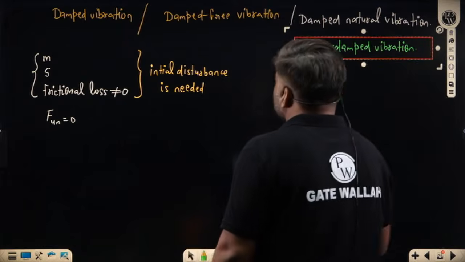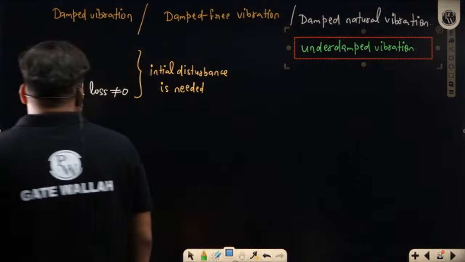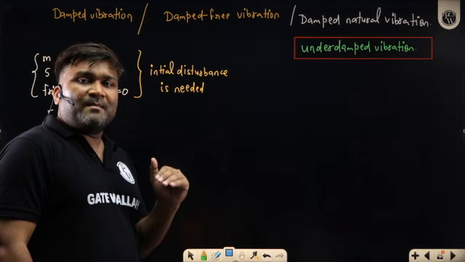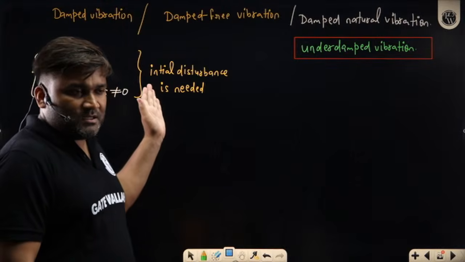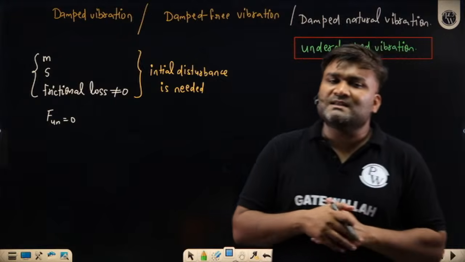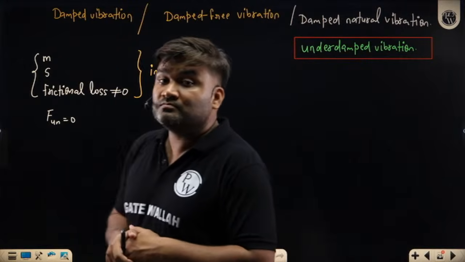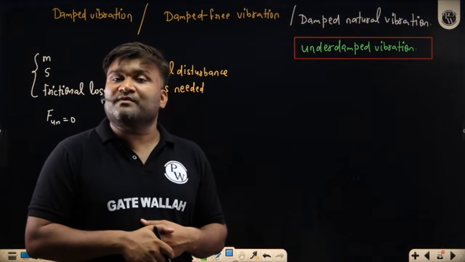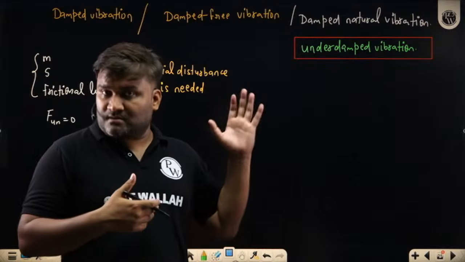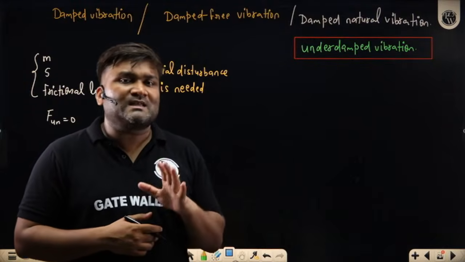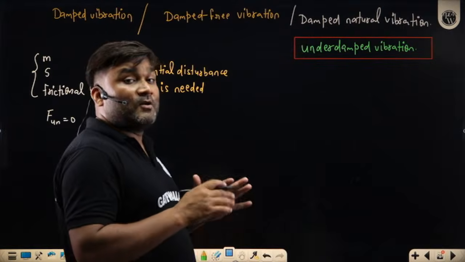Give me a moment. This is the reality. Sir, can I see undamped vibration? Whatever we have studied in the last class or till now, can we see that in reality? No. If you want to see that, I will say make friction zero. You are not able to make friction zero. That means that constant amplitudes, whatever we have discussed, will be there for a lifetime. That's not possible. Impossible.